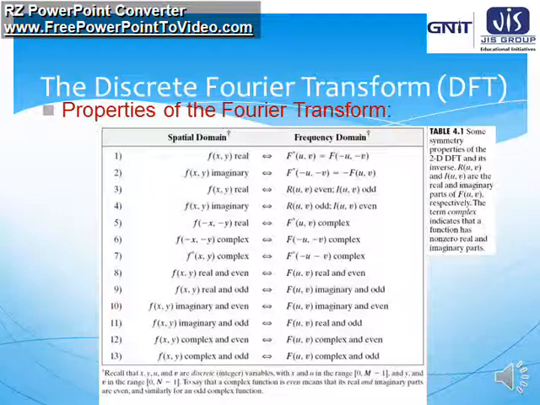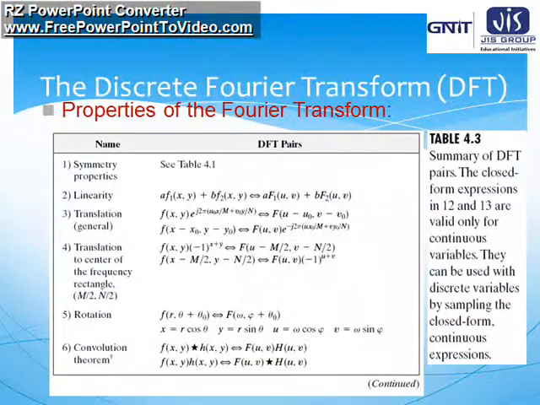So all these are the properties of the Fourier transform. Moving forward to the next slide, we can find some symmetry properties, linearity, translation, general translation to the center of the frequency rectangle, rotation, and the convolution theorem.